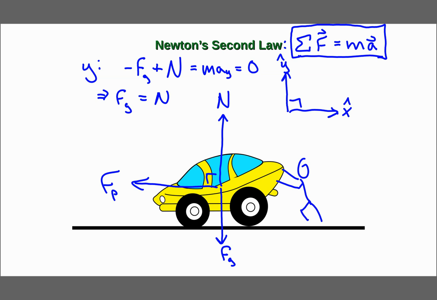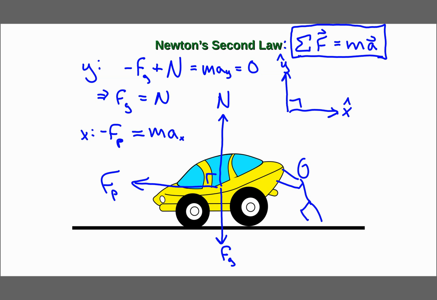But now when I think about the x direction, if I write the same equation, Newton's second law, in the x direction, well, I just have one force now, force Fp in the negative x hat direction, and that's equal to ma in the x direction.